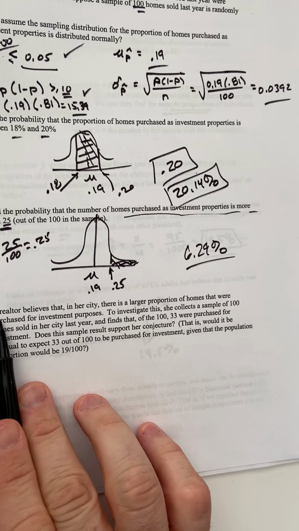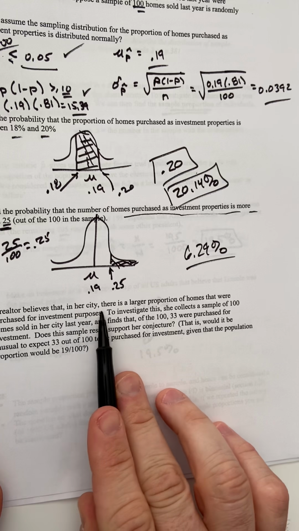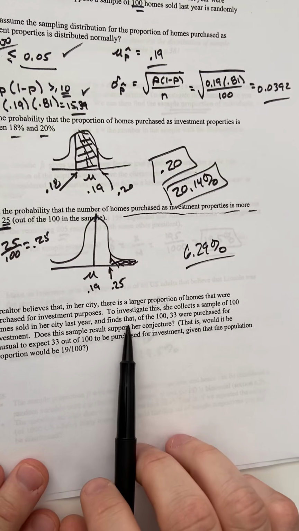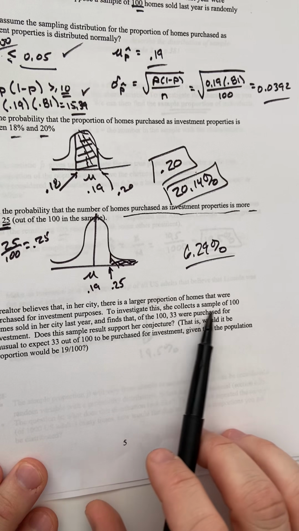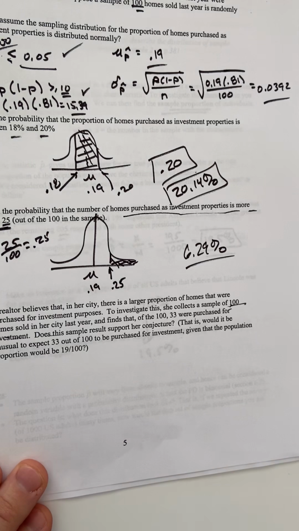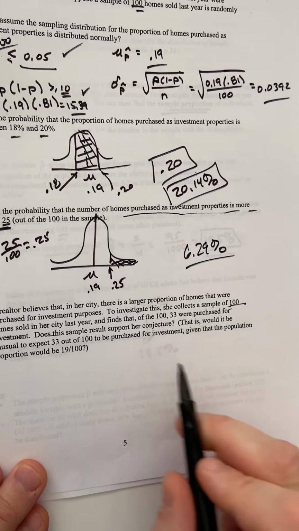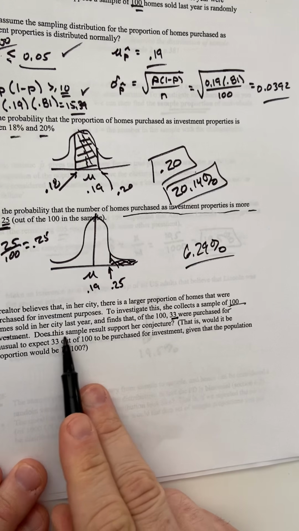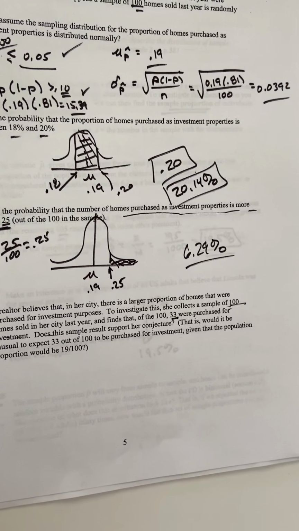Here we go. A realtor believes that in her city, there's a larger proportion, bigger than 19%. To investigate this, she collects 100 again and finds out that of the 100, 33 purchased for investment. Does this sample result support her conjecture?